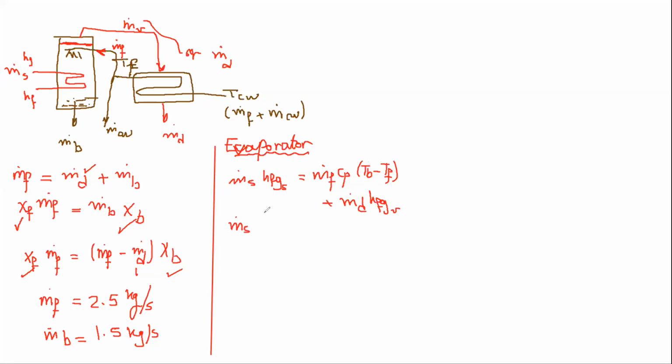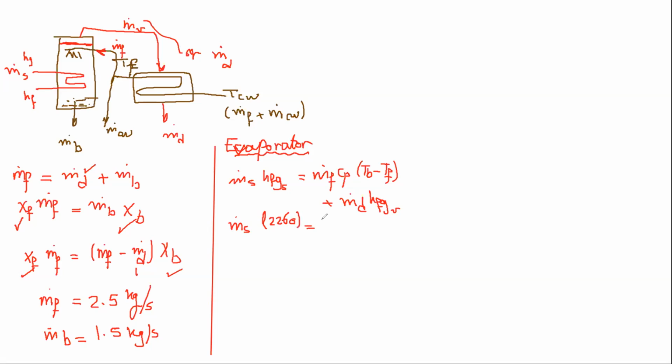Now, in the left-hand side, m dot steam is unknown, but HFG value is known. And the value of HFG for the steam has been given to us as 2260.